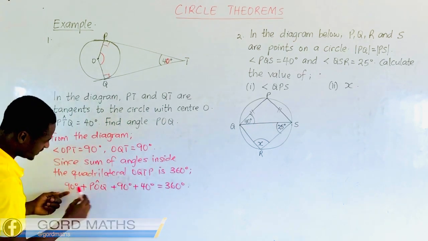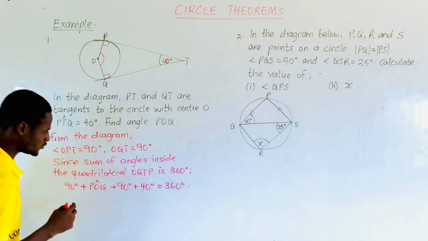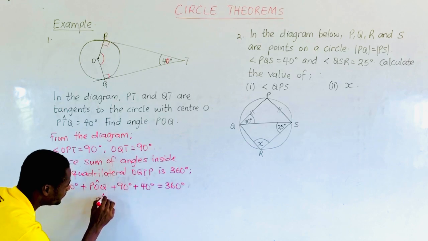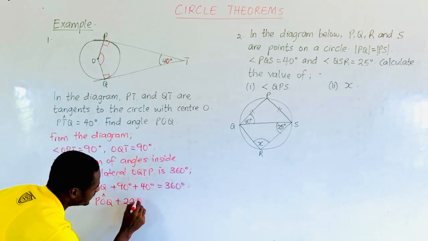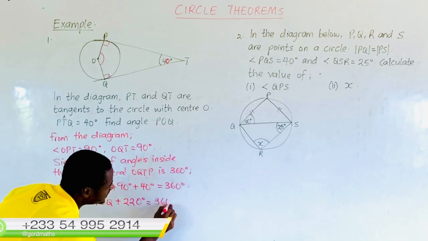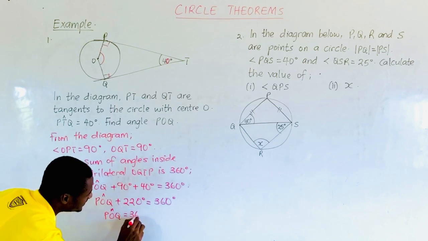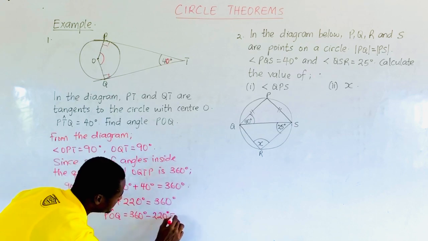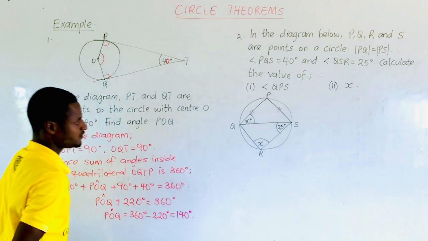Now when we sum these angles, we have 90 plus 90 plus 40, that gives us 220. So angle POQ plus 220 degrees is equal to 360 degrees. And then from there, our angle POQ is equal to 360 degrees minus 220 degrees, and that should give us 140 degrees.